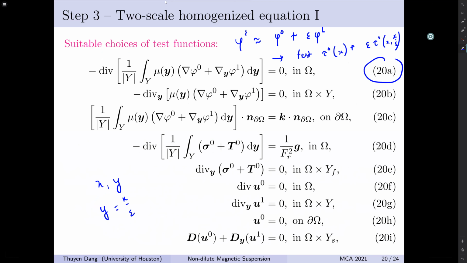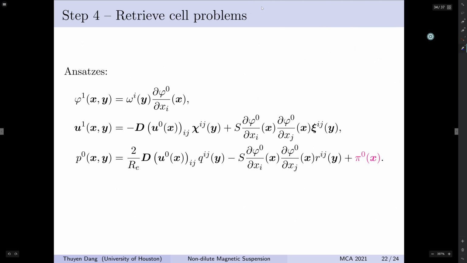To retrieve the right oscillation corresponding to the original system, you need to postulate some ansatz for U1 and phi 1. Those ansatz are as follows.